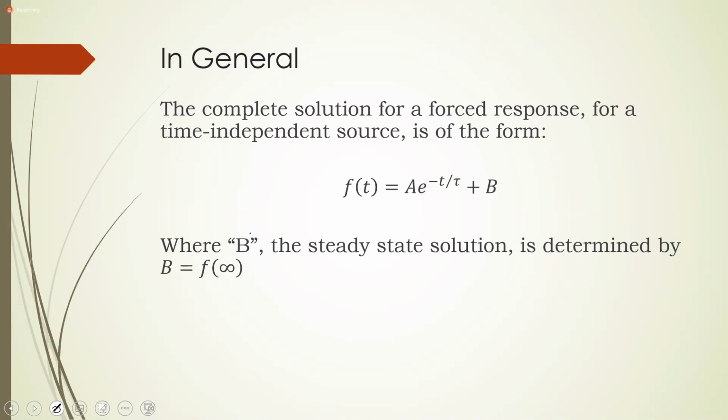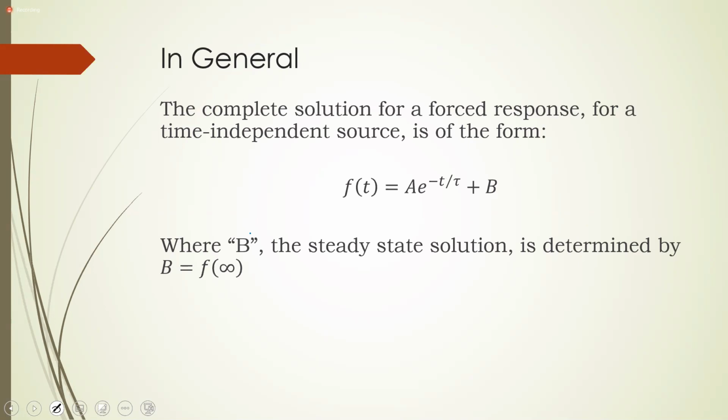So just for the example I gave you, the B would have been found by using the source, which is the I0, because that source would create a new steady state for me. Right? And as we said, it is as the function tends towards infinity.